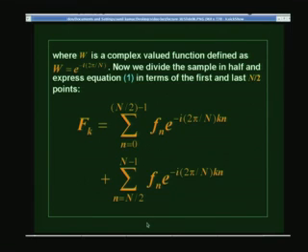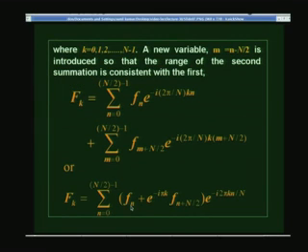Then we notice that I can change a variable here and make the range of the sum the same. So I'll replace this n by m plus N/2, and write the sum as m equal to 0 to N/2 minus 1, where here now instead of f_n, it is f_(m plus N/2).